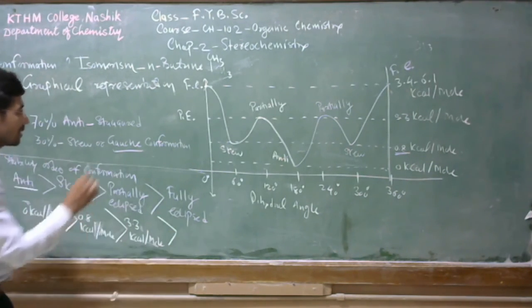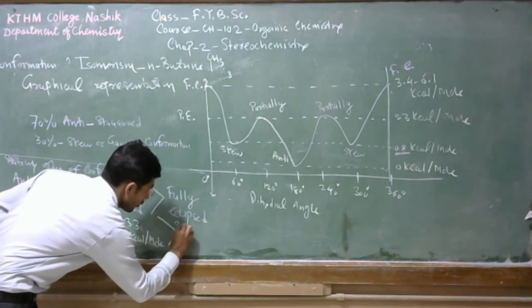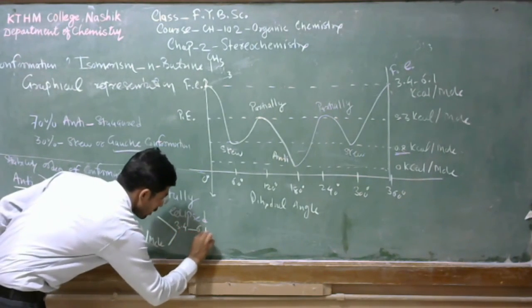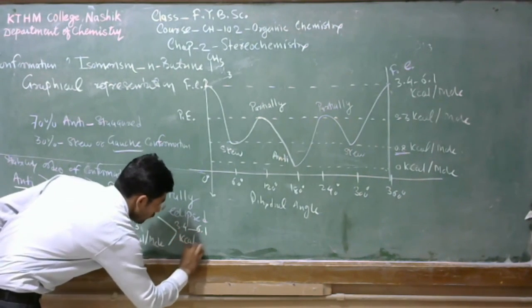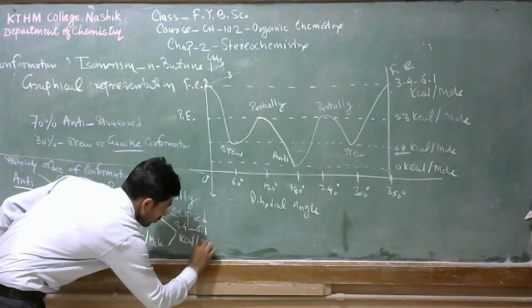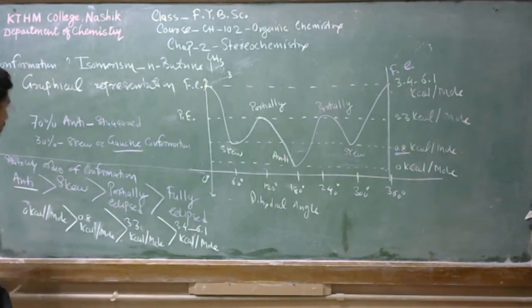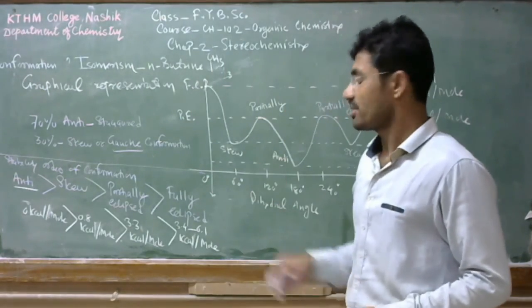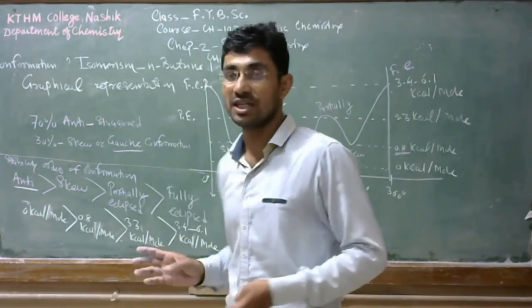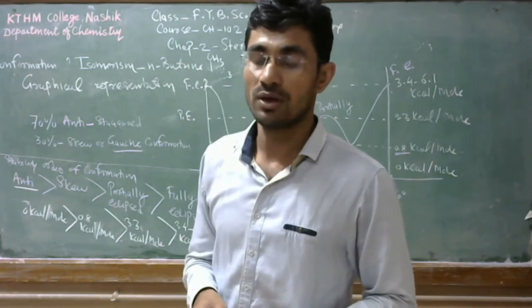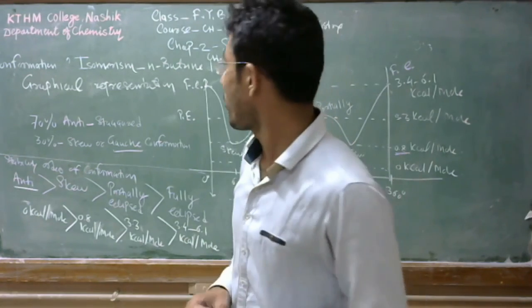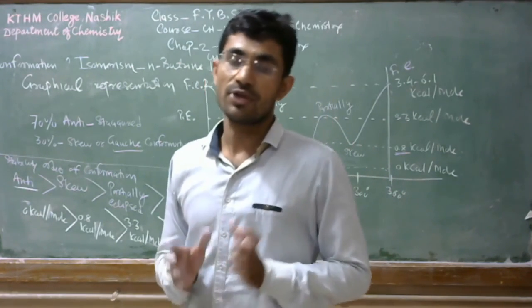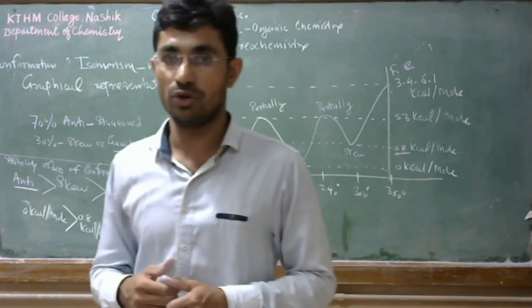And for the full eclipse, 3.4 to 6.1, in this range we observe the energy content of the conformation. So in this way we can write the stability order of different conformations which exist in the n-butane molecule. So this is all about conformational isomerism in n-butane molecules.